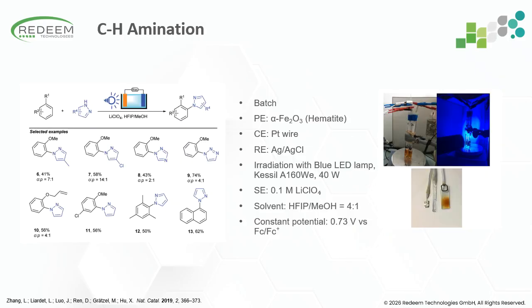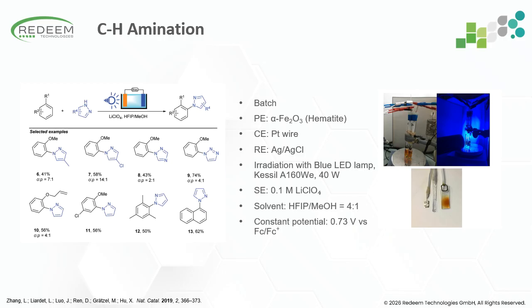And now we move directly to C-H amination of aromatic compounds, and they use a hematite photoanode here. And this reaction is again performed in a conventional batch photoelectrochemical cell.